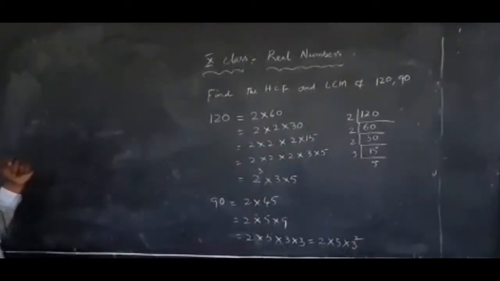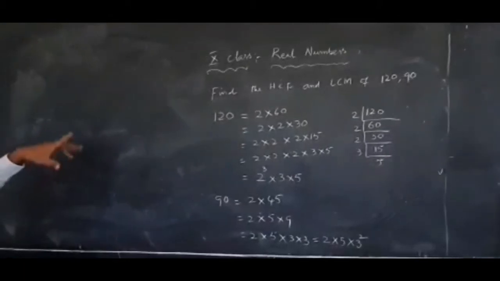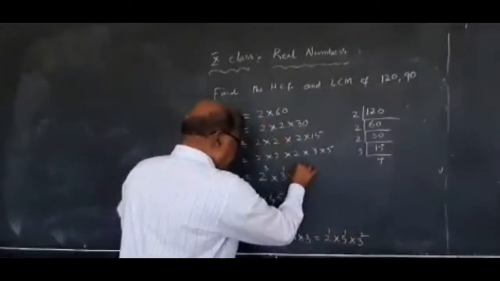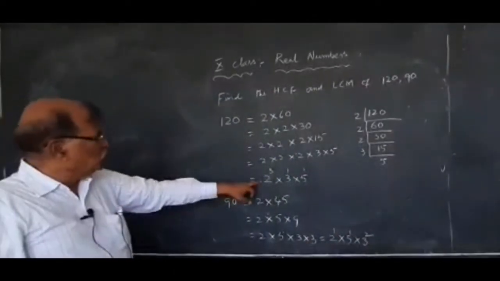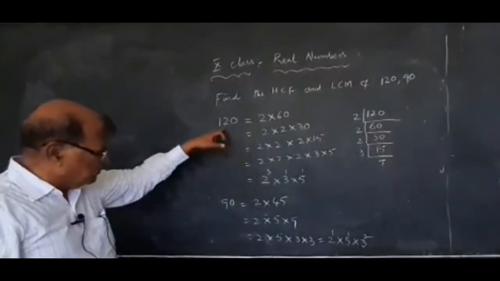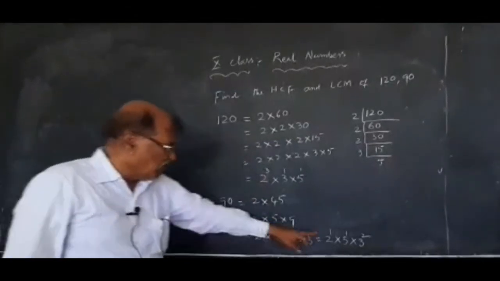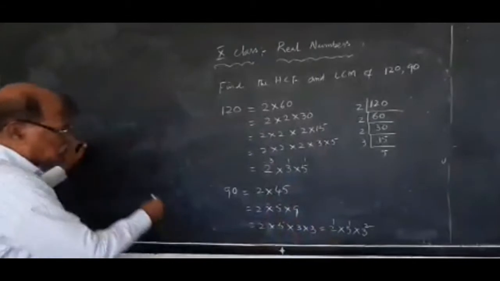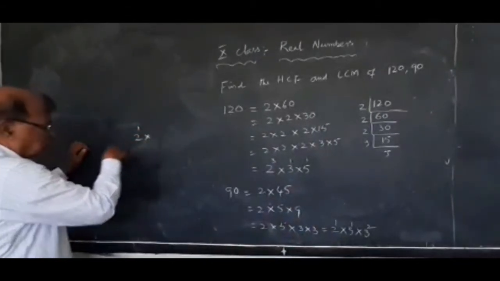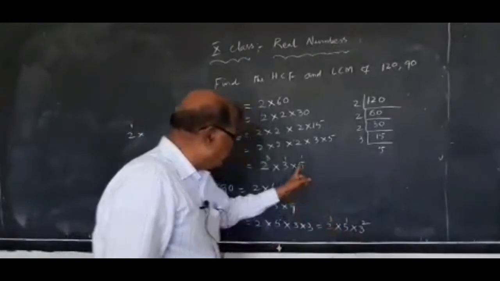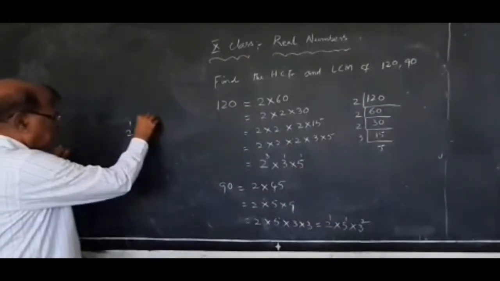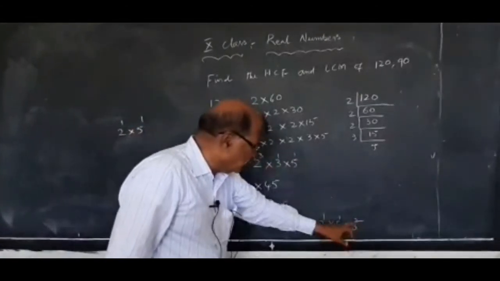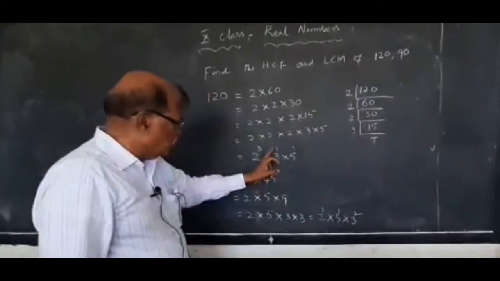Now compare these two. Here we have 2 to the power of 1, 3 to the power of 1, 5 to the power of 1. We have 2 cube in 120, but we don't have 2 cube in 90, so we have only 2 to the power of 1 as common. 5 to the power of 1 is common in both. Here we have 3 to the power of 1 and 3 to the power 2, so we don't have 3 square in both; 3 to the power 1 is common.